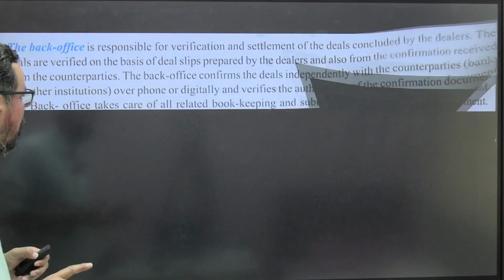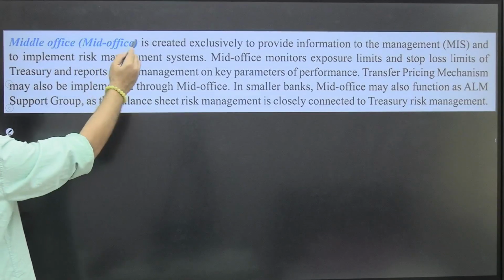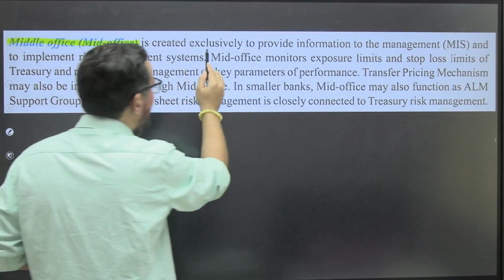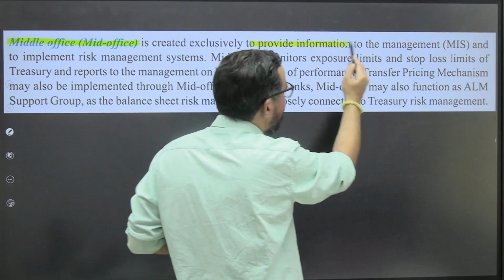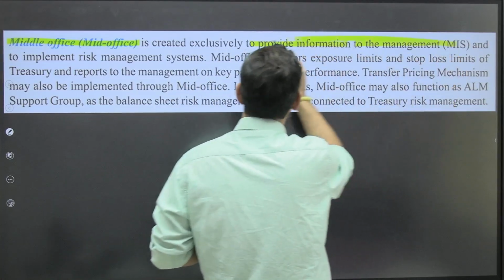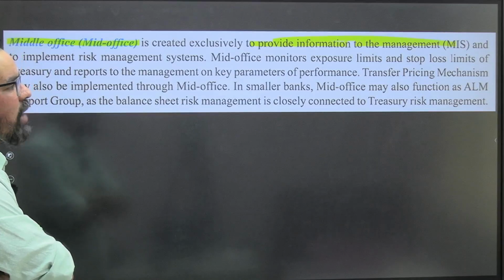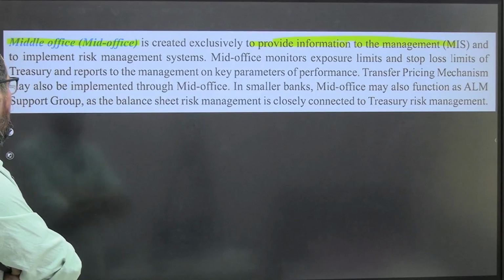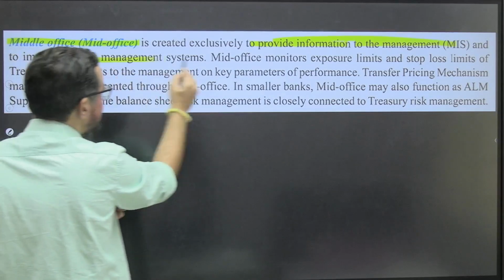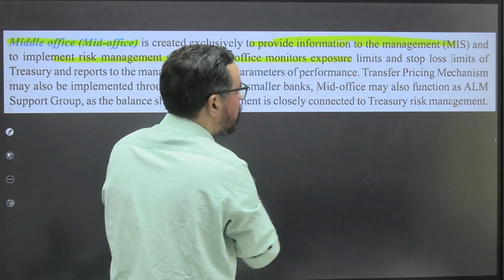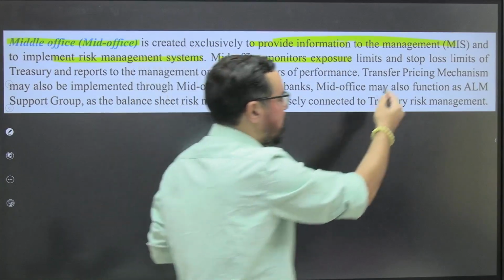ठीक है. Third one is mid office. ठीक है. So mid office is created exclusively to provide information to management, MIS, and to implement risk management system. Mid office monitors exposure limits और आपका stop losses.